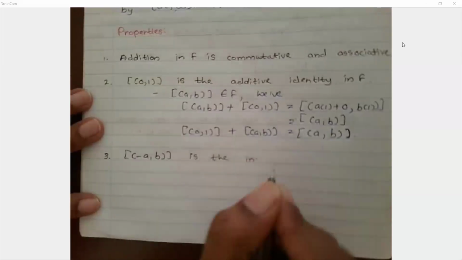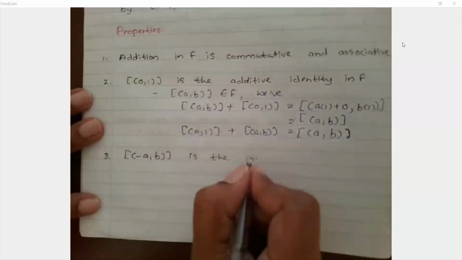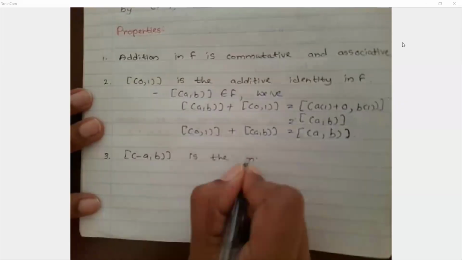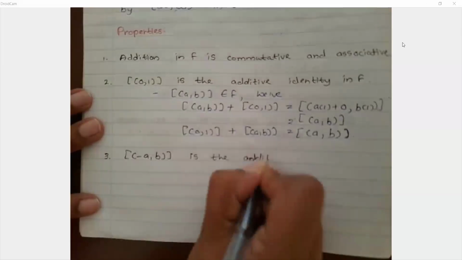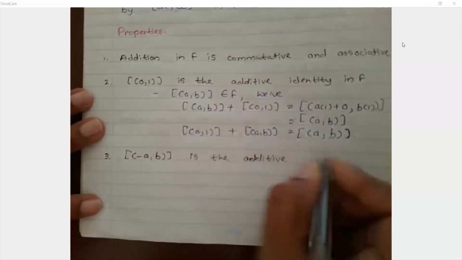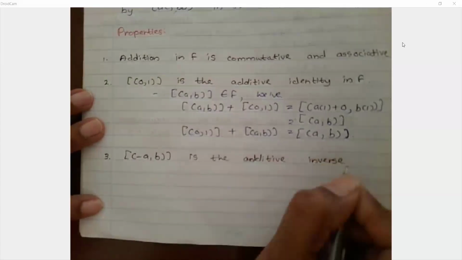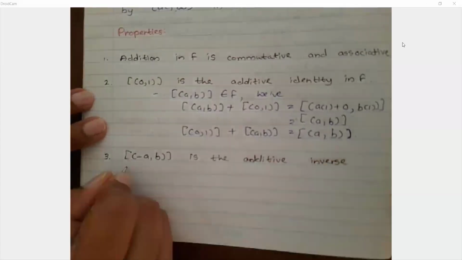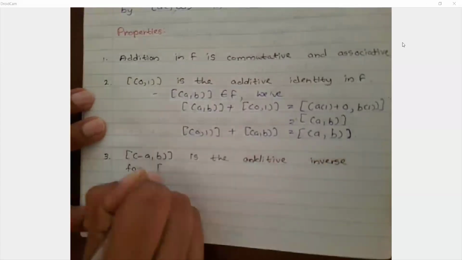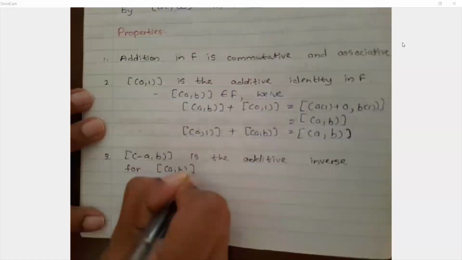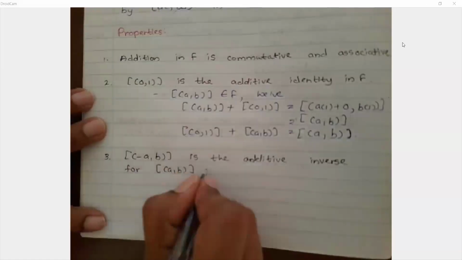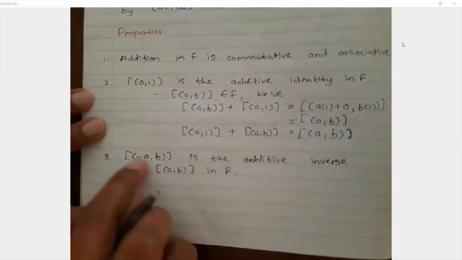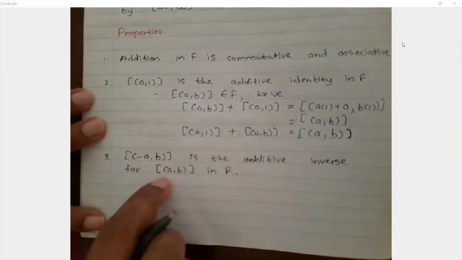Now the next one: negative (A, B), this equivalence class, is the additive inverse for the element (A, B) in F. Observe that this is also an element in F. We have this element which is in F, so B is non-zero.